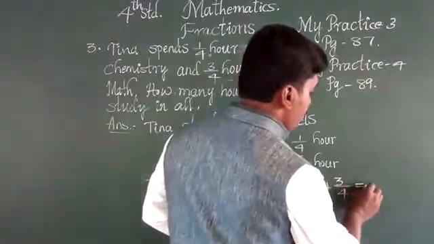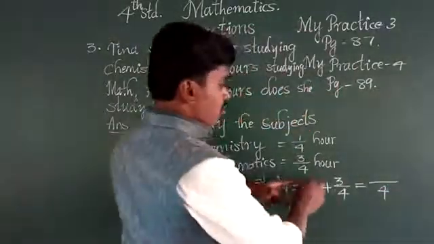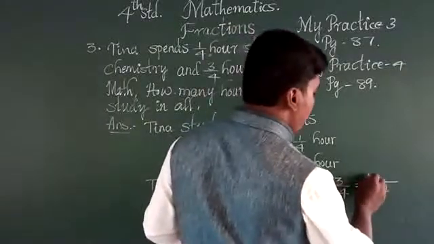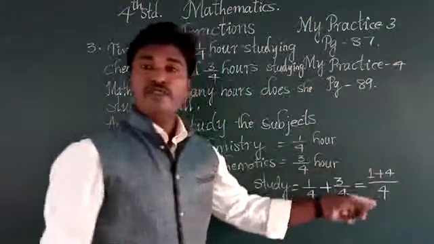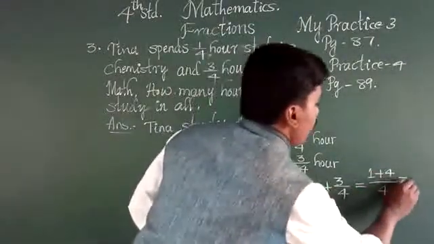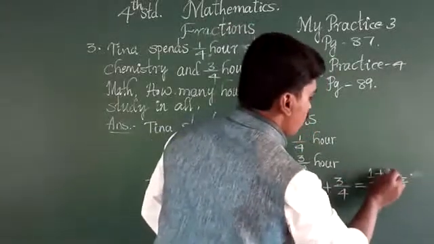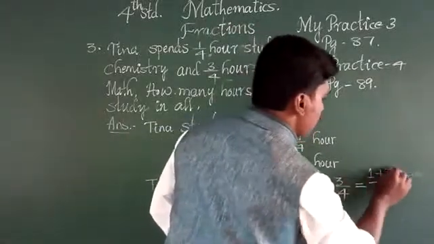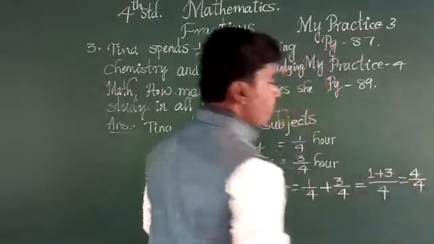How to add? Take the common denominator, it is 4, and add the numerators, 1 plus 3. 1 plus 3 is 4, so 4/4.